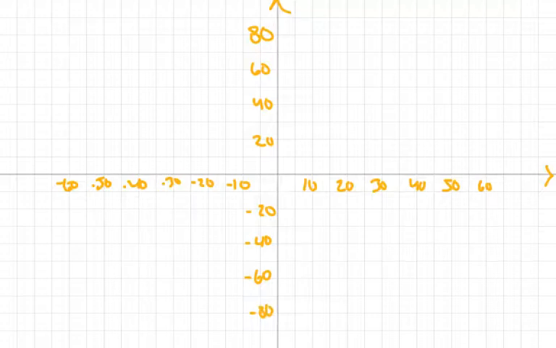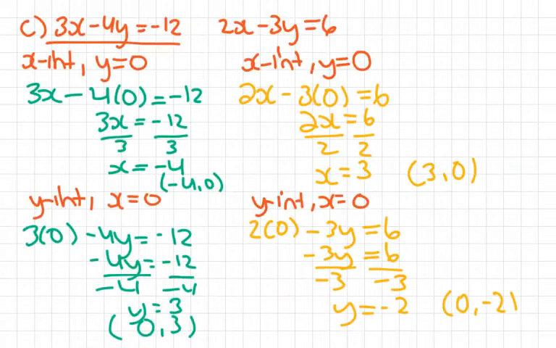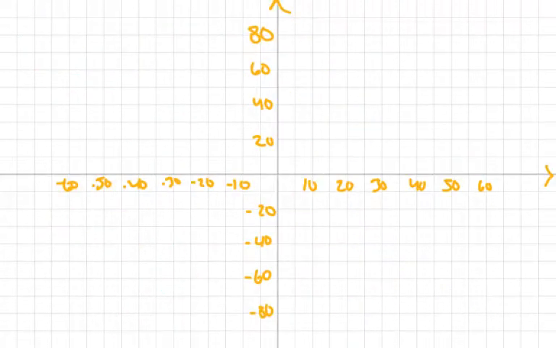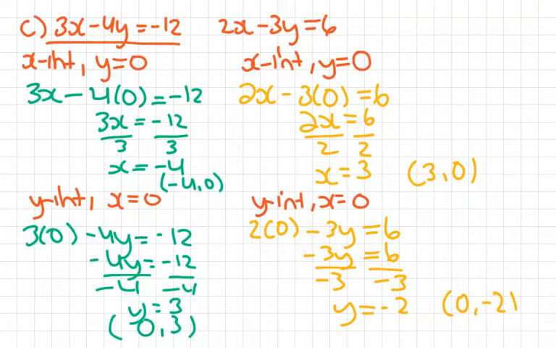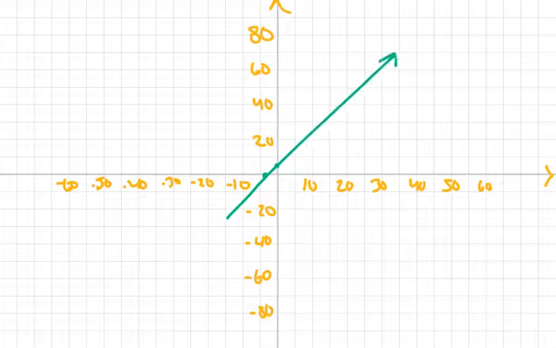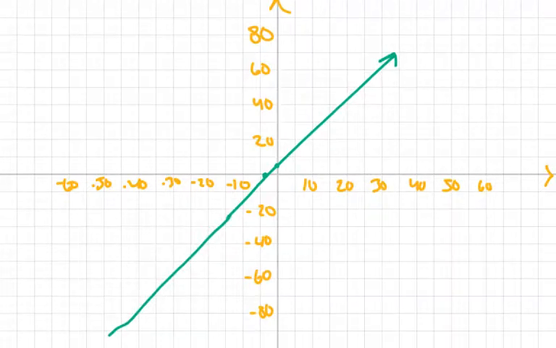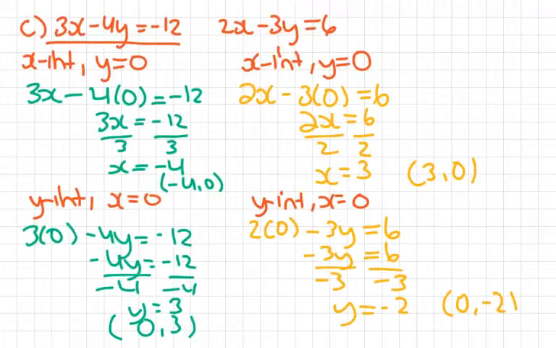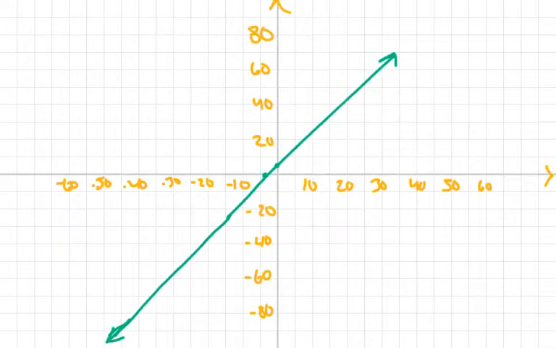Okay, so the points that I need to plot are negative 4, 0, and 0, 3, and 3, 0, and 0, negative 2.